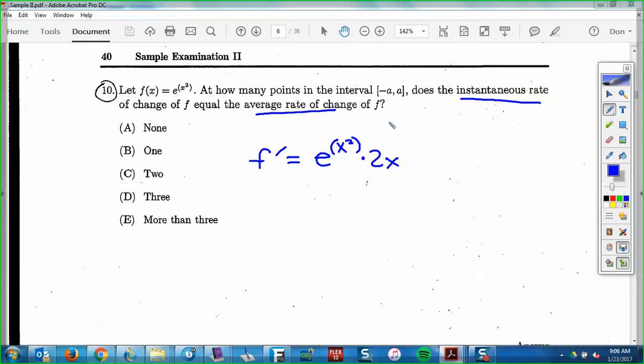What is the average rate of change? Slope between 2 points. What 2 points? The only 2 points they give you, -a and a. So how do you do the slope between 2 points? Now you subtract them. So the x's will go on the bottom.